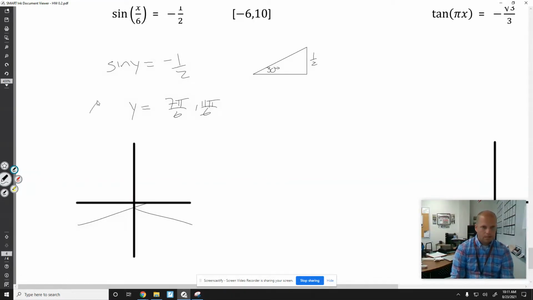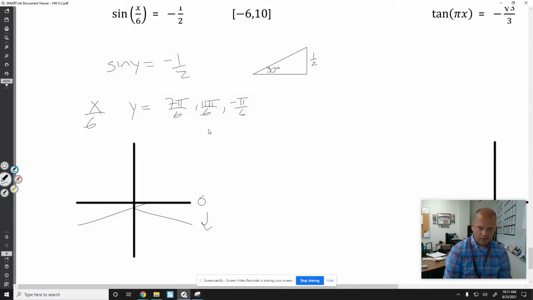Okay? But I'm looking for this. I know immediately, since this is -6 to 10, that I probably need to go in the opposite direction, which means I probably need to include this angle location, which is -pi over 6. How do I know that? You can take 11 pi over 6 and subtract 2 pi, subtracting 12 pi over 6s, or know that this is 0 pi over 6, subtract a pi over 6.